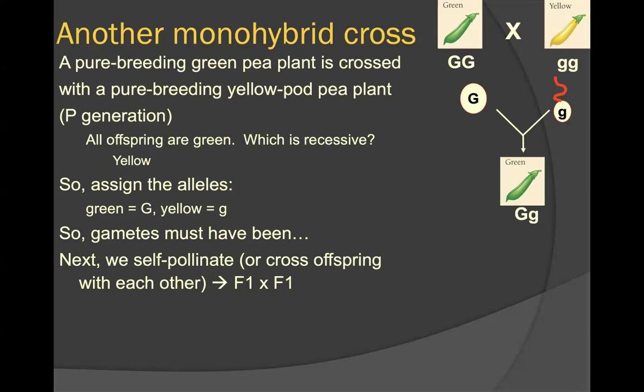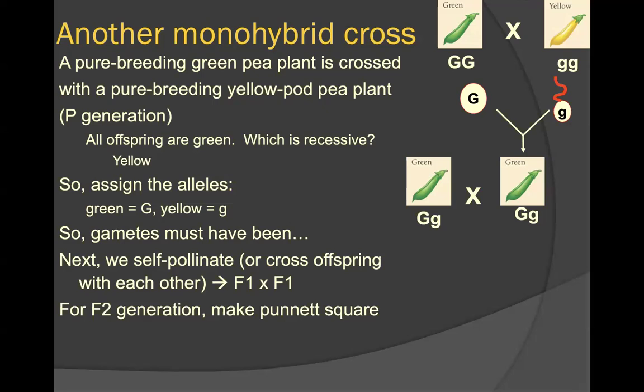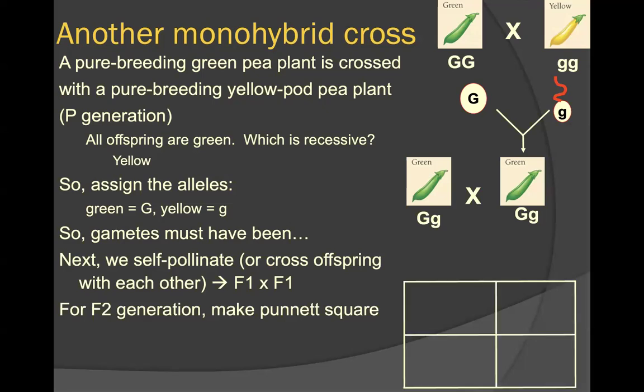So now we self-pollinate, or we cross two different offspring from our F1 generation. If our F1 generation are all hybrids, that is, in essence, we are taking a heterozygous individual and crossing it with another heterozygous individual. Now we will make our Punnett square to determine what our F2 generation would be. We first have to assign alleles.